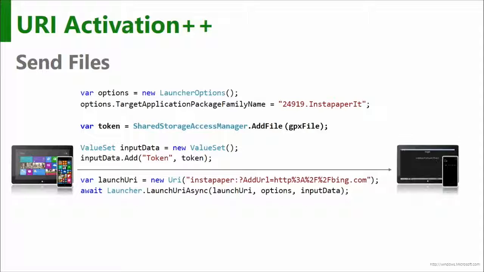Now, you can put anything in that value set, but one of the things you could put in that is a shared storage access manager file token. So this is you, the sender, saying, all right, I've got this file, it's in my storage area, but here's a token I'm going to send over to this app I'm launching. That's right.